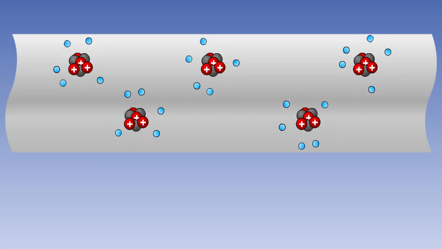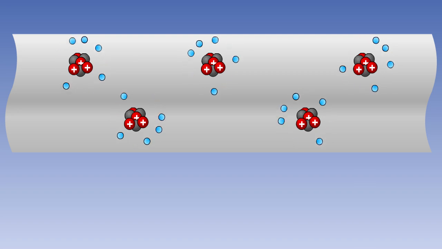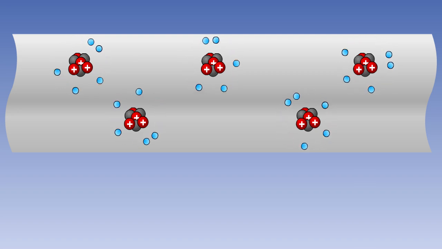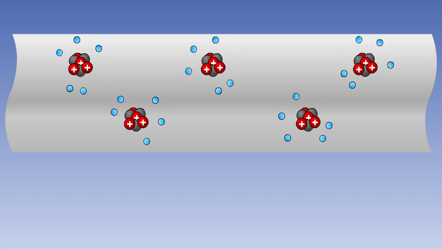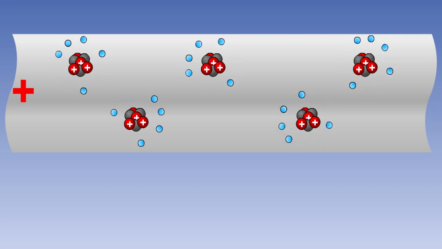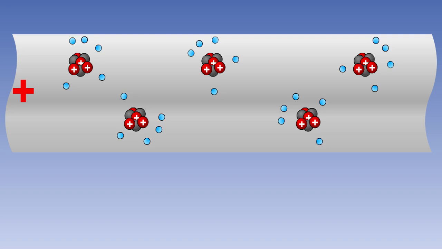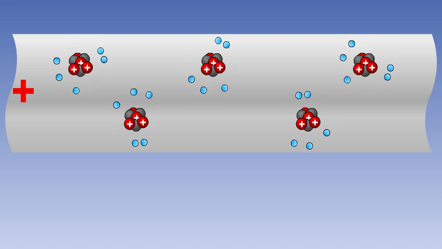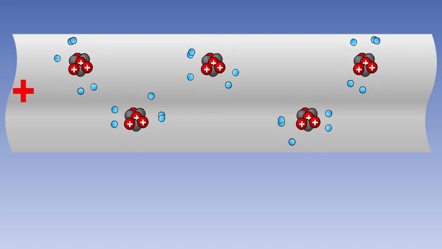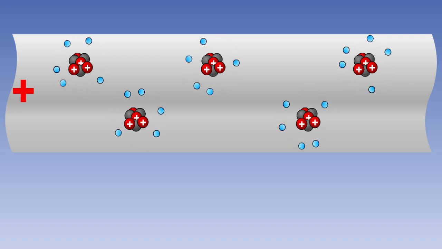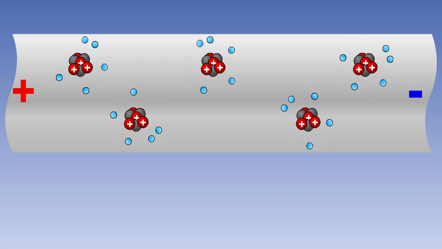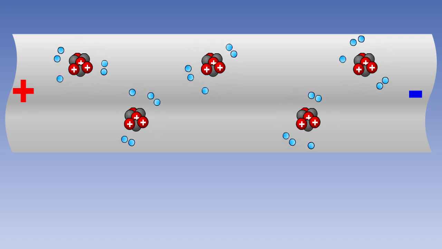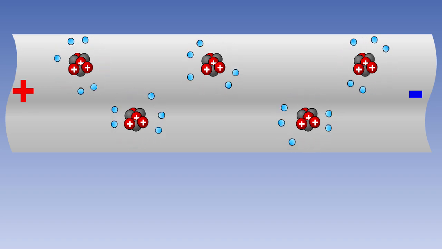If the free electrons are made to move in a particular direction through a material, this movement is known as an electric current. Electrons are caused to move through a conductor by applying a positive charge, which is a deficiency of electrons, at one end of the conductor, and a negative charge or surplus of electrons at the other.